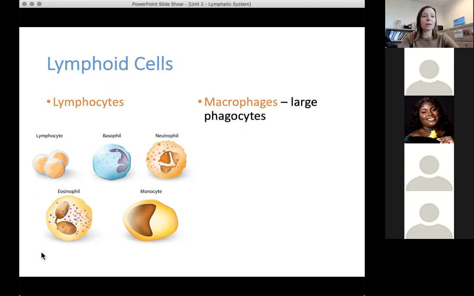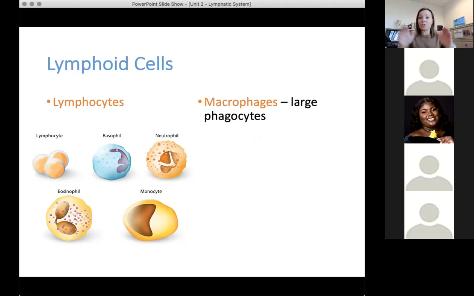Another type of lymphoid cell are the macrophages. In A&P 1, you would have probably learned about phagocytes. Phagocytes are typically pretty large cells that will go up to a part of your body or a foreign cell, anything that doesn't belong and needs to be broken down.